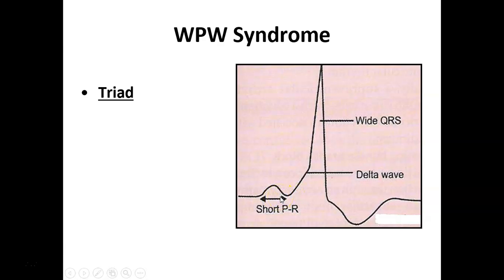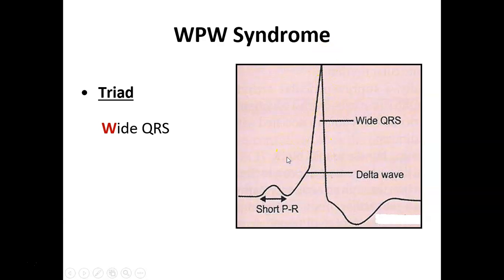Then the impulse reaches the non-specialized tissue of the myocardium, that is the muscle of the myocardium, so we will get wide, coarse complexes, or there is a notch which is called the delta wave. It's because of the early depolarization of the ventricles, and then this impulse combines with the normal impulse which is coming through the AV node, and then we'll get the big QRS complex.